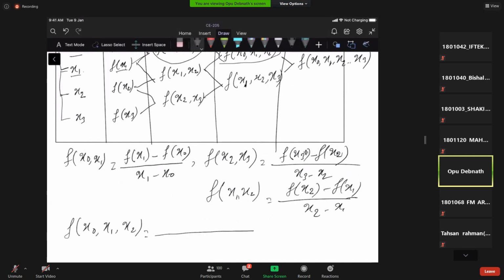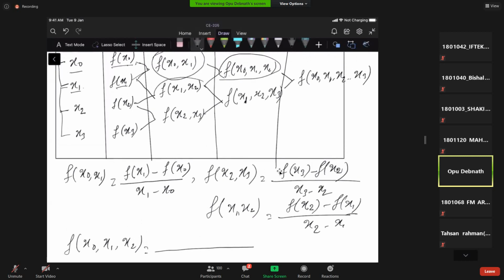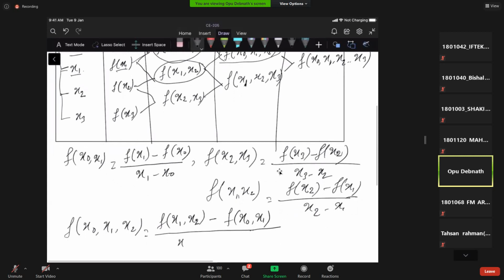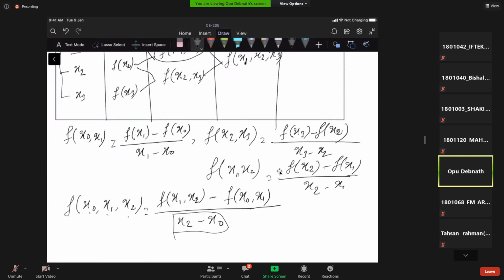You already have these two values, so we put function of x1, x2, a known value, minus function of x0, x1, also a known value, divided by x2 minus x0. Here there are three terms x0, x1, x2, so we use only x2 minus x0, the two exterior values.